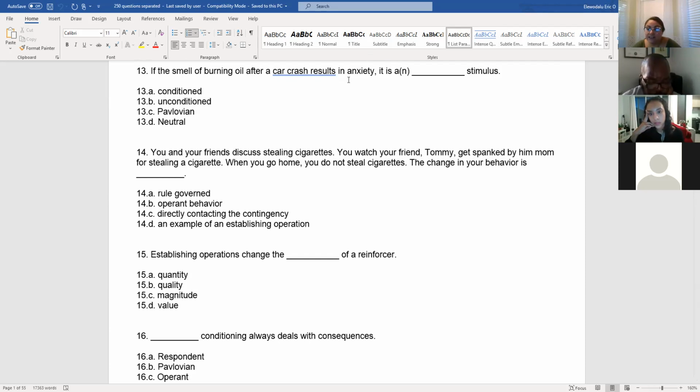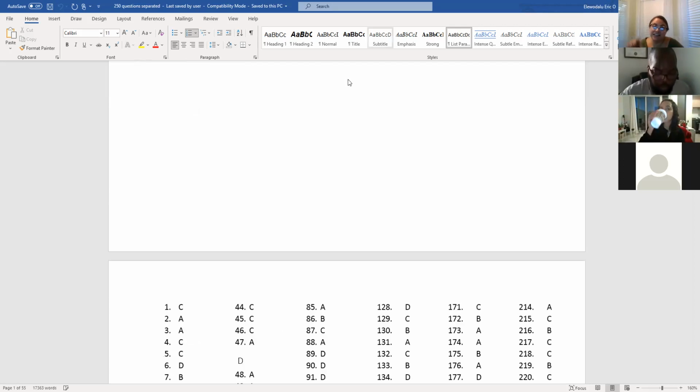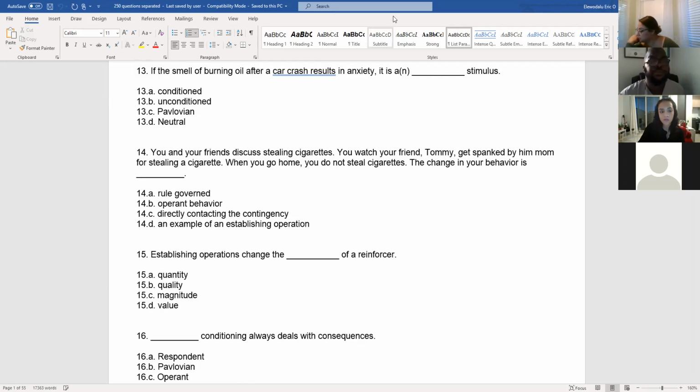I think it would have to be conditioned because this is after the car crash happened. Now you smell burning oil and you get anxiety. So you paired it. Okay, so it's conditioned. Now he has anxiety.